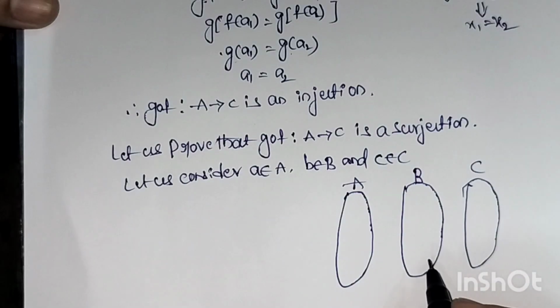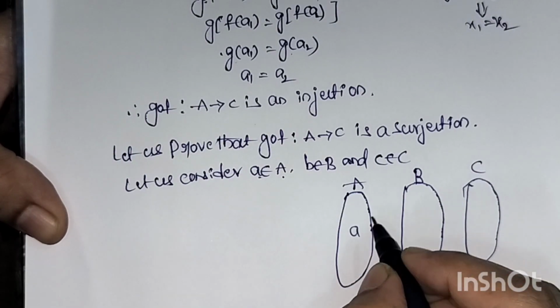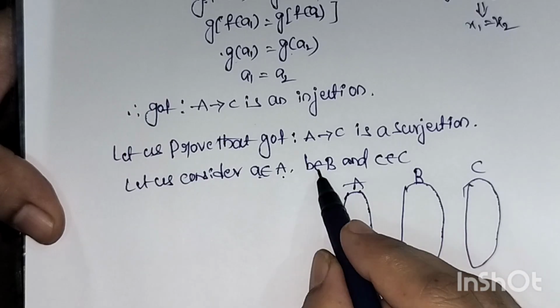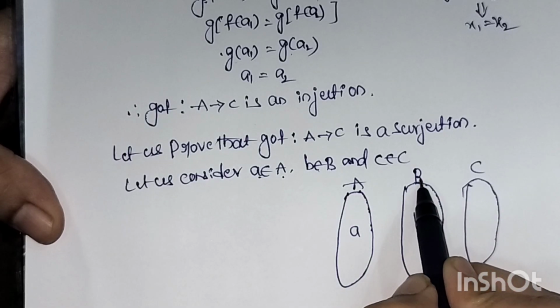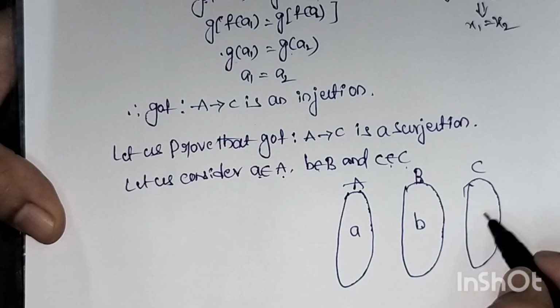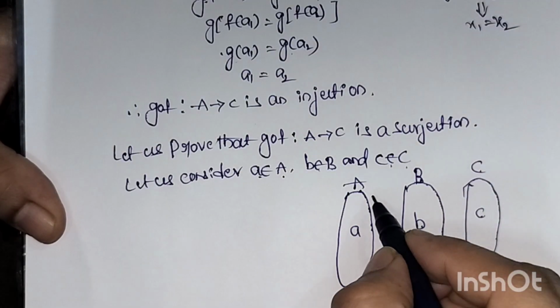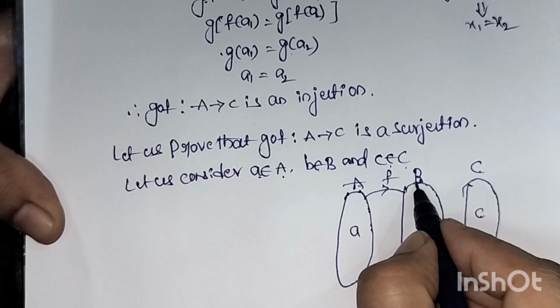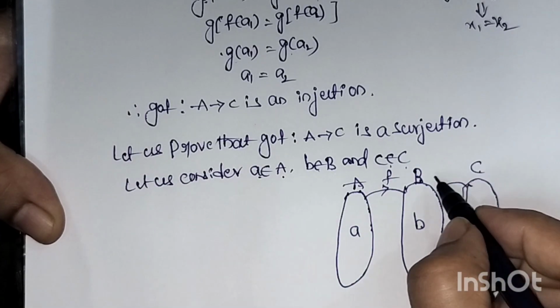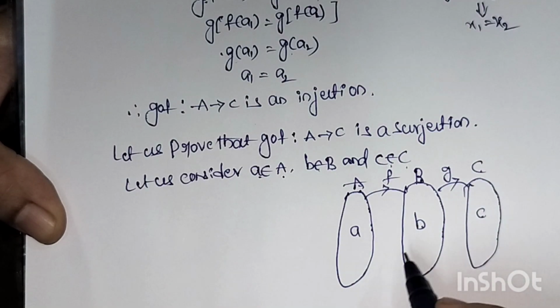f is a function from A to B. g is a function from B to C. This is g circle f. g circle f maps A to C. What is the surjection condition? f of x is equal to y.